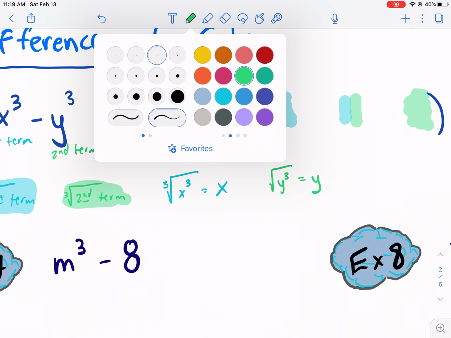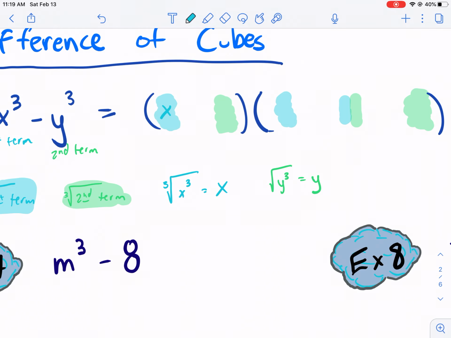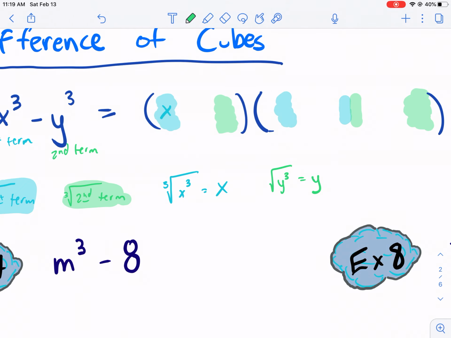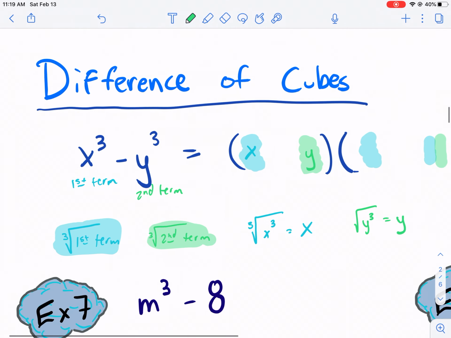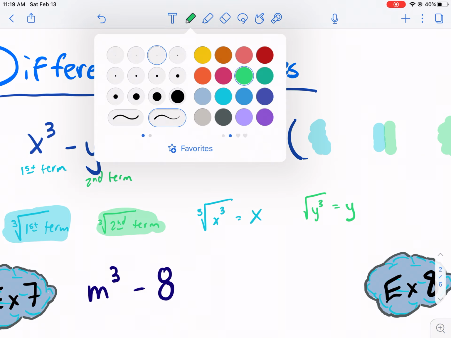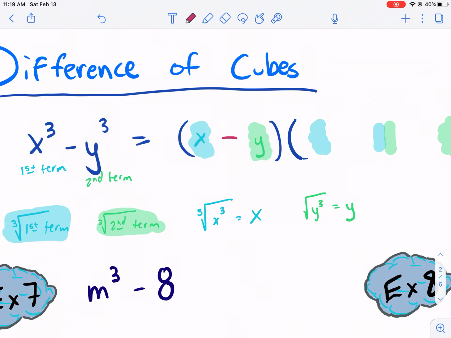What do we do with this? Well, we're going to put this x here and this y here. And it was said to be a difference of cubes, so it has to be a subtraction sign in between. Difference of cubes means we're putting a subtraction sign in this first parenthesis.